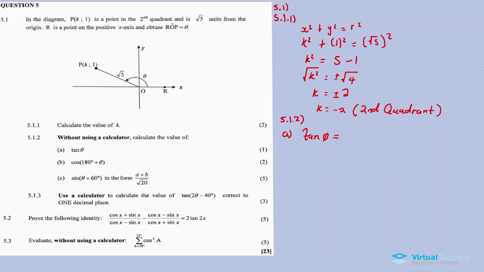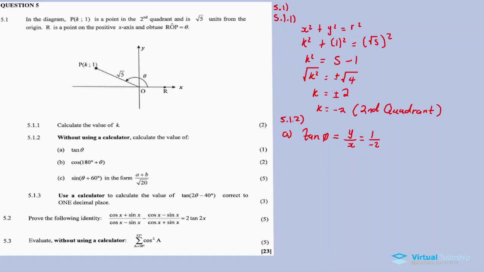The sketch helps you answer these questions. Tan theta is opposite over adjacent, or in terms of this sketch it's y over x. So the y value is 1, and the x value is k, which is minus 2.